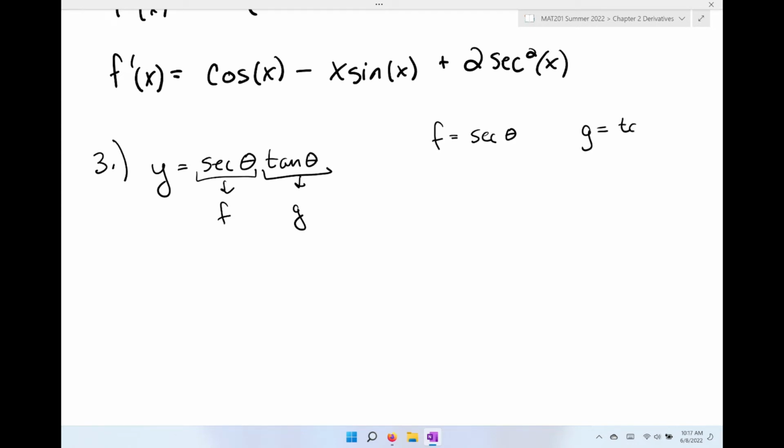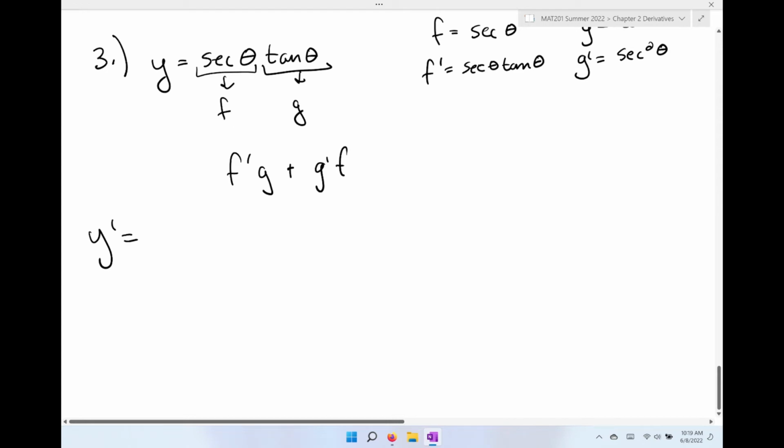G equals tangent theta. Now the derivative of secant theta is going to be secant theta tangent theta. The derivative of tangent is secant squared theta. Remember, your product rule is f prime g plus g prime f.